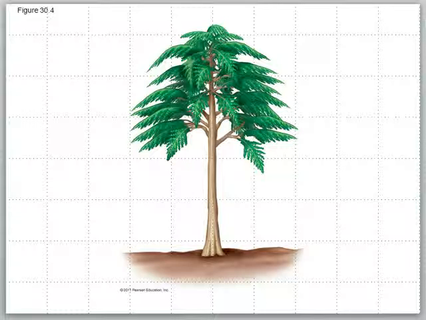It's very similar to what we would consider a modern gymnosperm, but it didn't have all of the traits. It was heterosporous, which means it produced both separate male and female spores that went on to produce separate male and female gametes. And it had a woody stem. It was a tree-like plant with a woody stem, but it did not bear seeds. So it was almost like the gymnosperms that we have today, but not quite. So we call that a pro-gymnosperm, and this would have been about 380 million years ago.